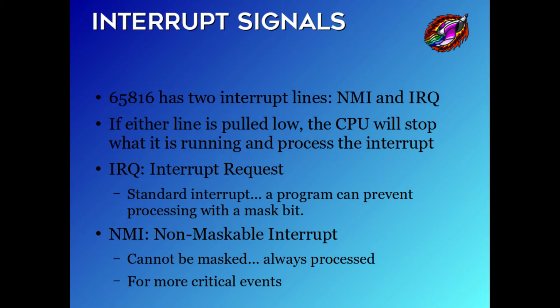NMI is a non-maskable interrupt, and as the name suggests, there's no interrupt bit that can prevent processing of NMI requests. NMIs are, generally speaking, for more critical events, things that really need to be processed in a timely manner. And we're not going to deal with NMI here, but it works in fundamentally the same way as IRQ.